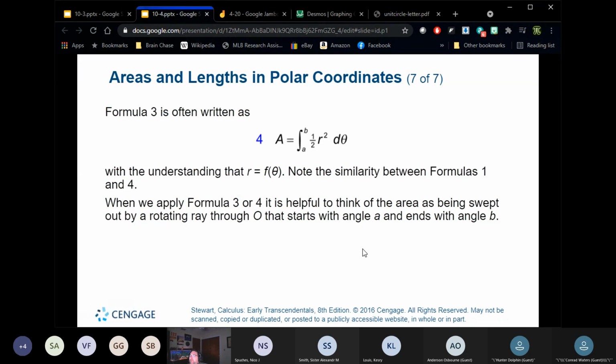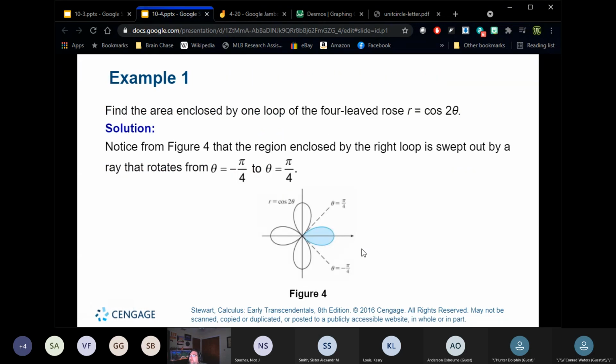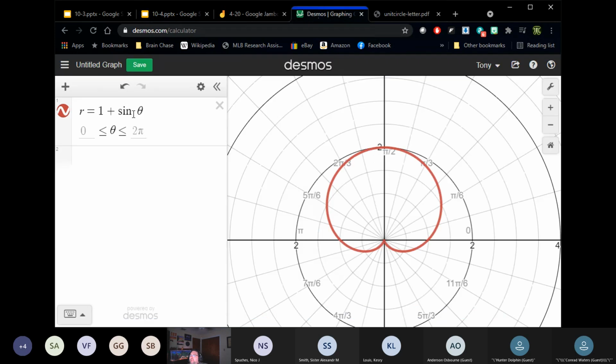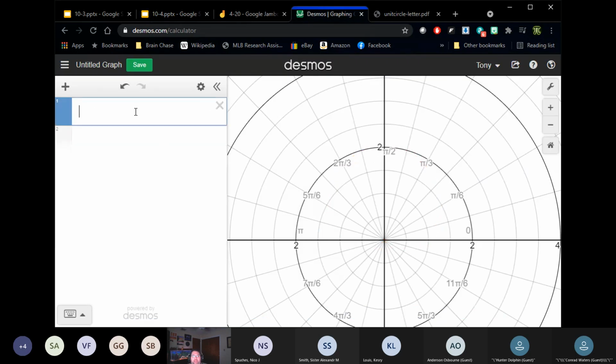All right. So if we're going to look at this one, we're going to look at one of those 4-leaf rose pieces. When we did this original problem, let's put this back in here. Cosine.